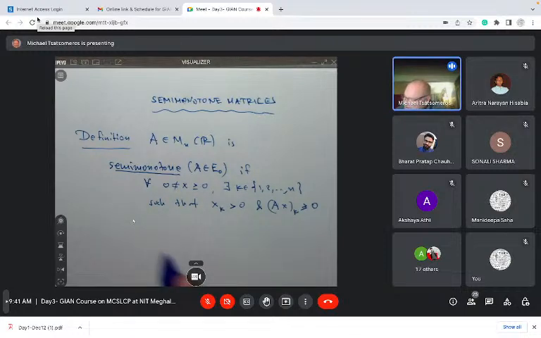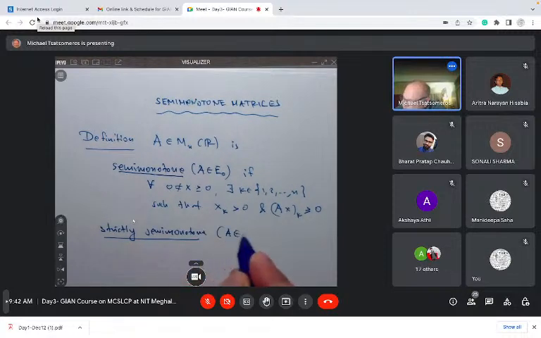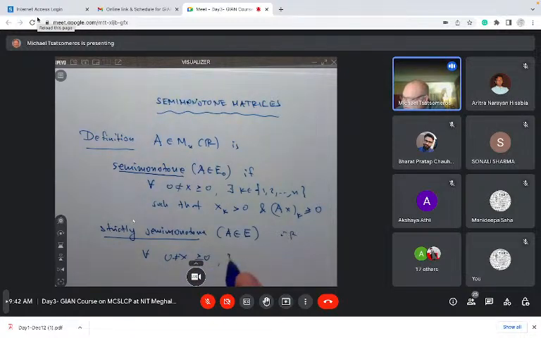And we're going to call it strictly semi-monotone, right? So this is the notion we discussed, and we'll say A is in E if for every X different than 0, greater or equal than 0, there exists a K in 1, 2 down to N, such that X of K is positive and AX of K is positive.